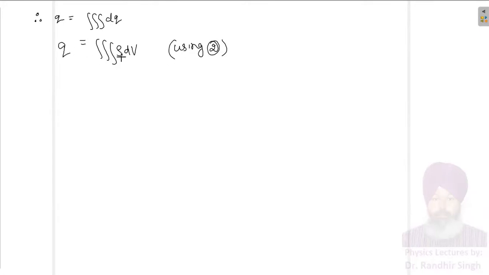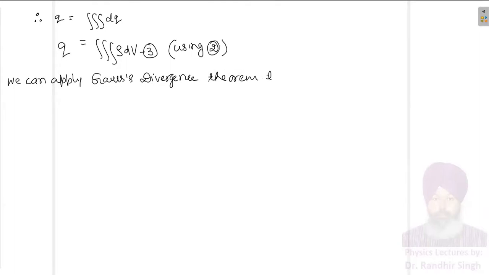So this is the equation for the total charge enclosed by the closed surface. Now we can apply Gauss divergence theorem on the left hand side of equation number 1.